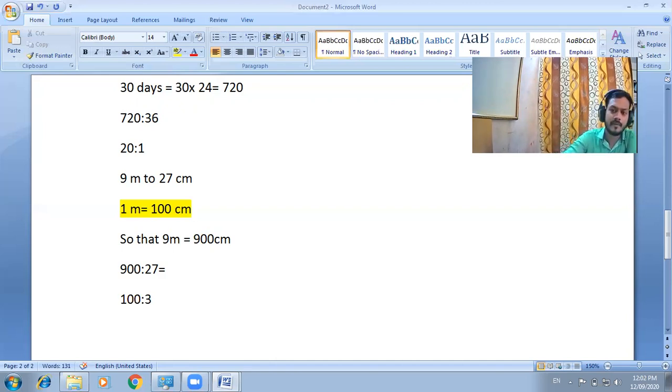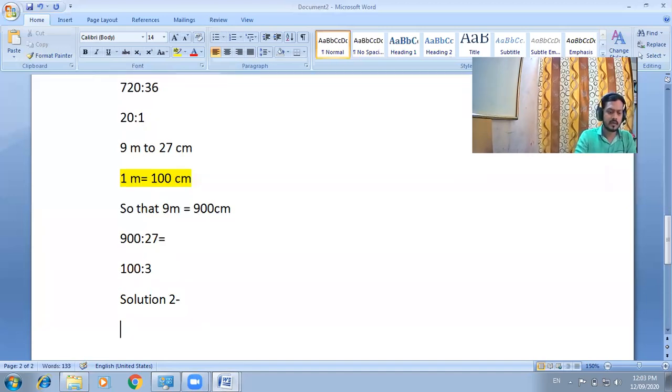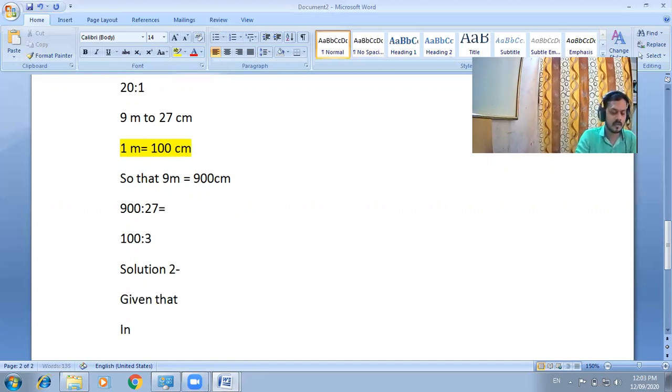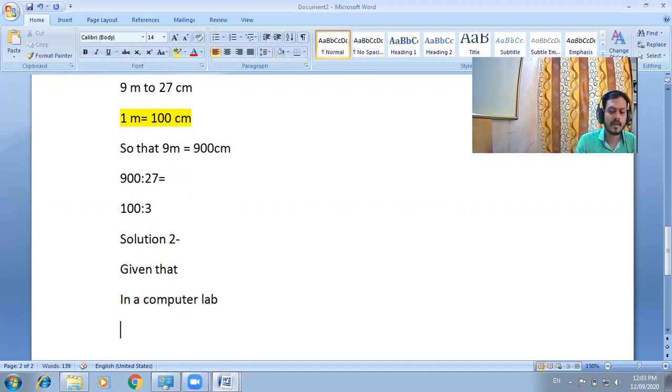Solution 2, given that in a computer lab there are 3 computers for every 6 students, means every 6 students need 3 computers.